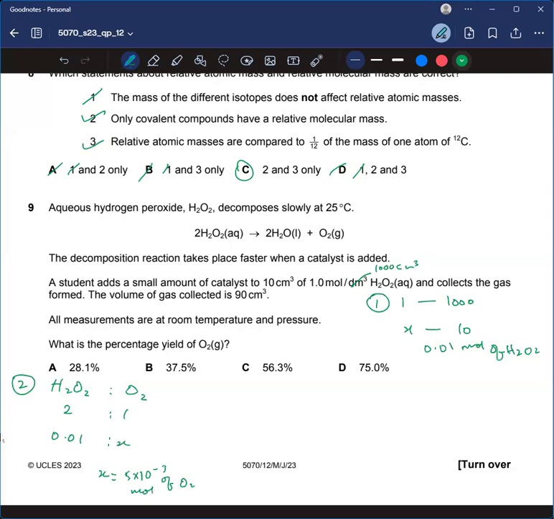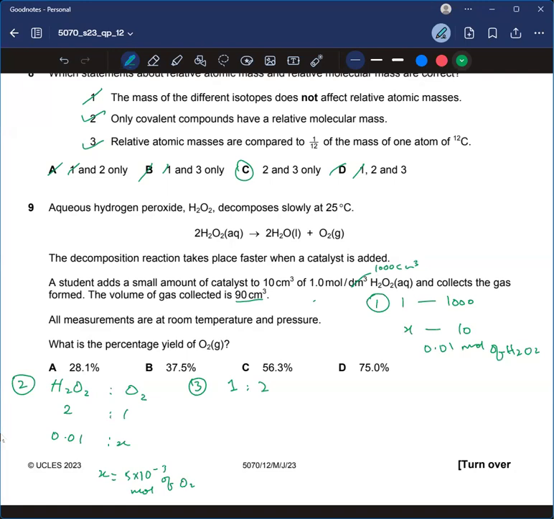Okay. Now using the ratio of 1 mole to 24 dm³, but here we are given 90 cm³. So to make it simpler, I know that 1 dm³ equals 1000 cm³.